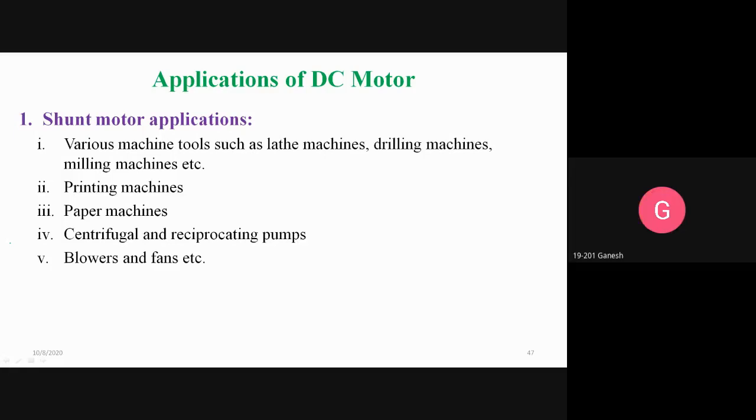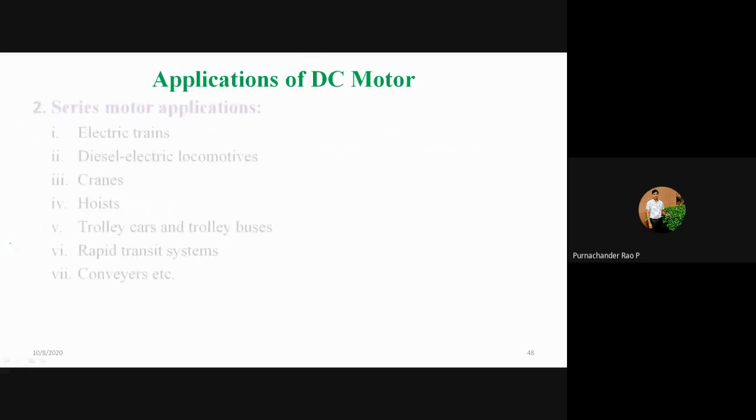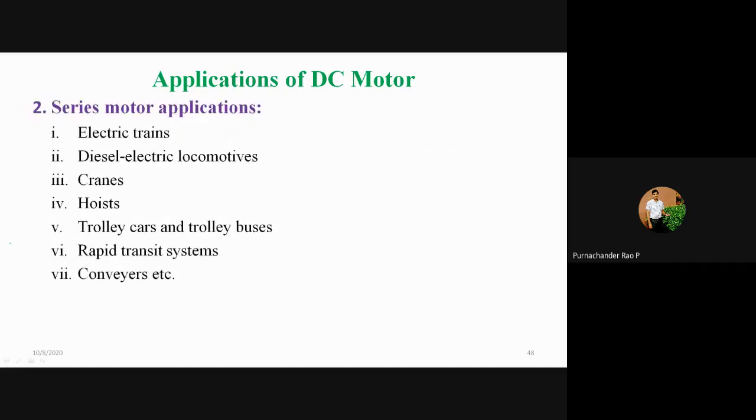Yes, sir. Next, the series motors. Series motors have high starting torque, and the speed is also variable, but a series motor cannot be run under no load conditions because the speed is very high.